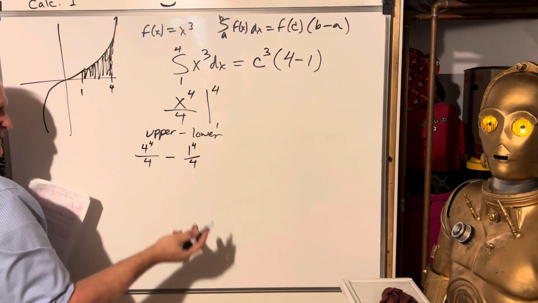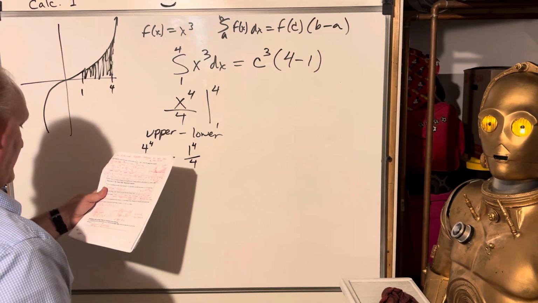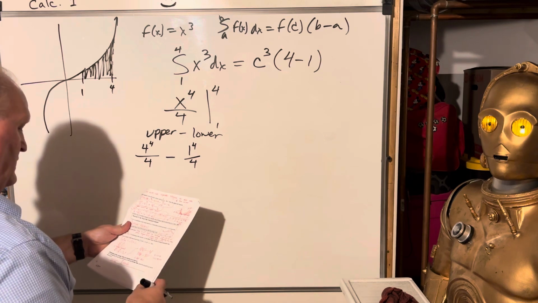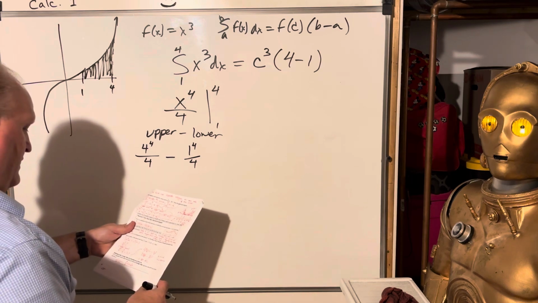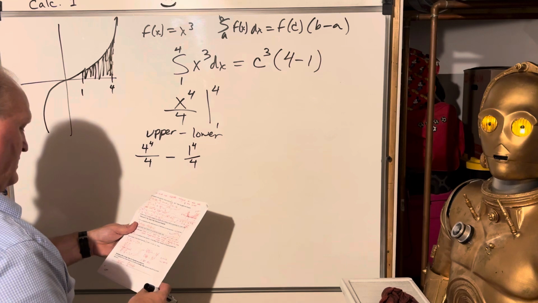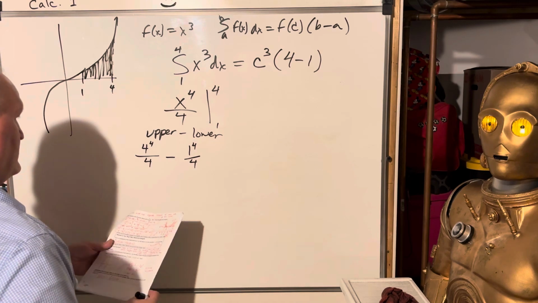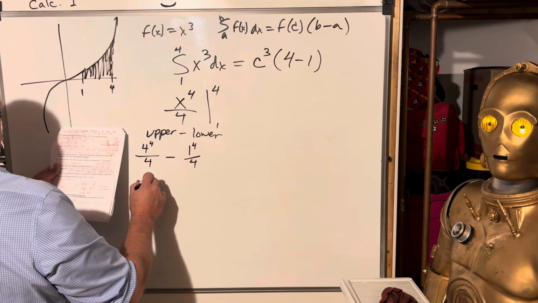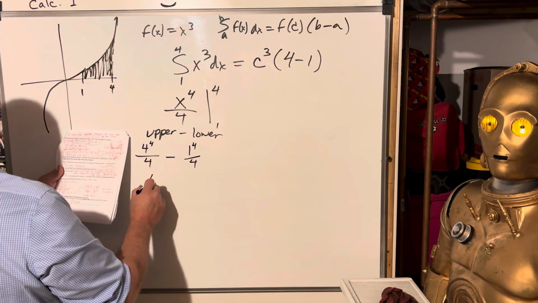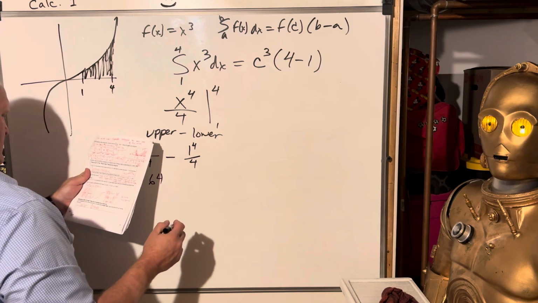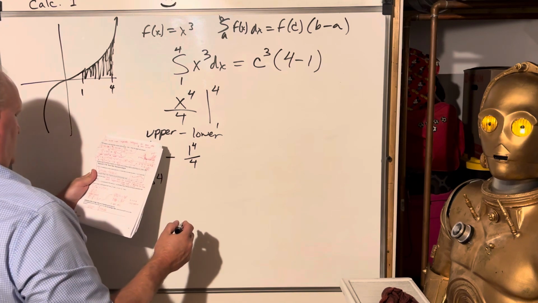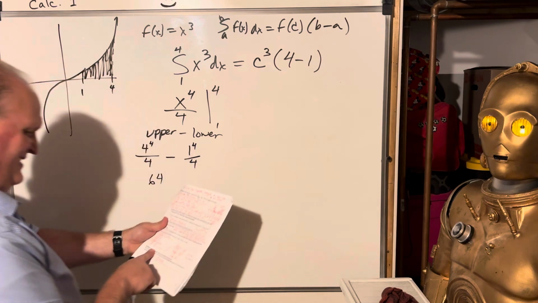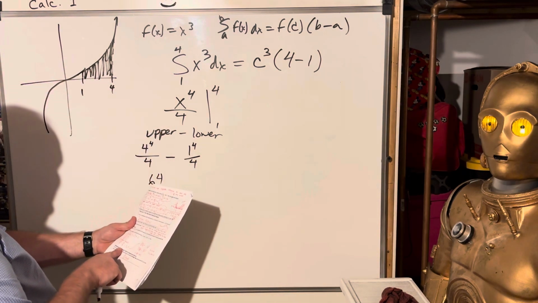That is 4 to the 3rd, basically, which is, what do I have there? 4 times 4 is 16, times 4 again is 64. So we've got 64 minus 1/4. Oh, okay, I'm looking at my notes. I don't know why I did it that way.